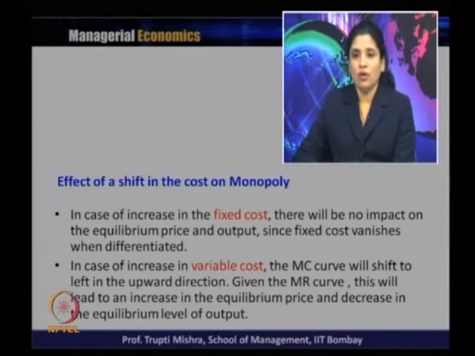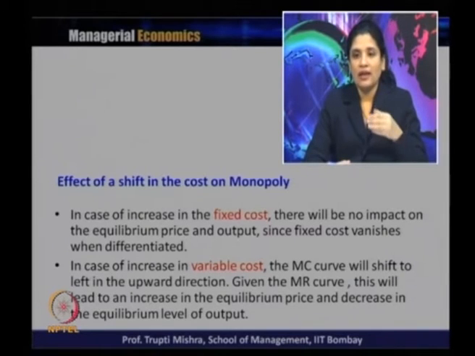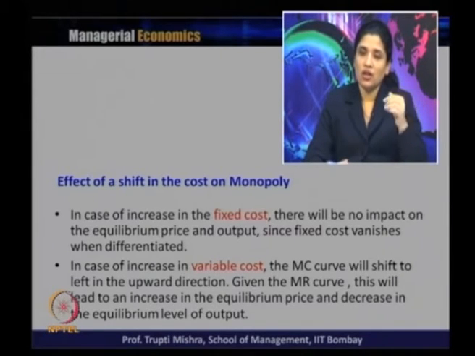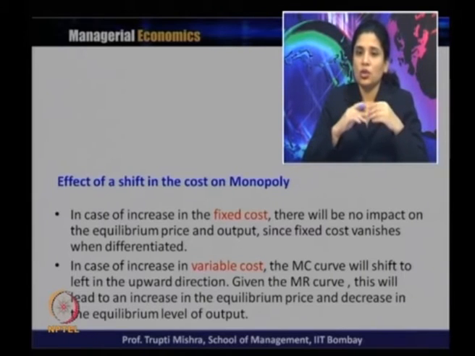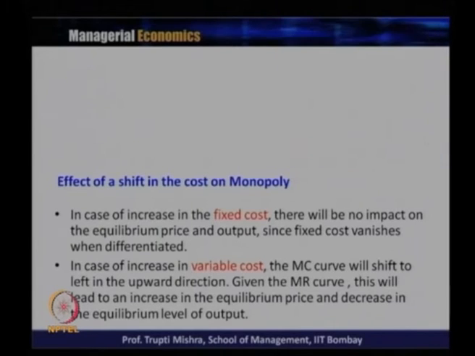But in case of variable cost, the marginal cost curve will shift to the left, in the upward direction, because an increase in variable cost leads to a change in the marginal cost curve. Given the MR curve, this will lead to an increase in the equilibrium price and a decrease in the equilibrium level of output.